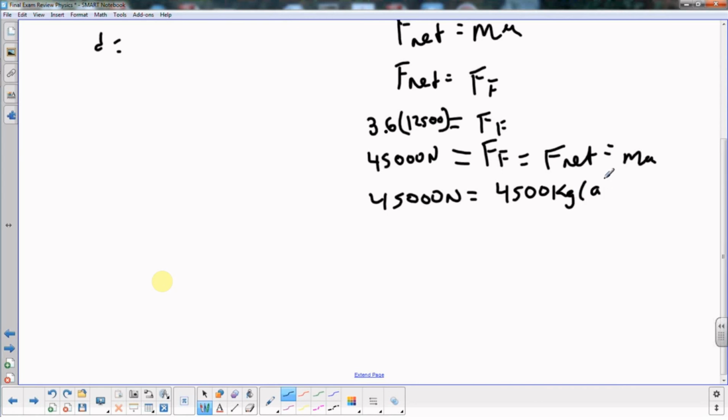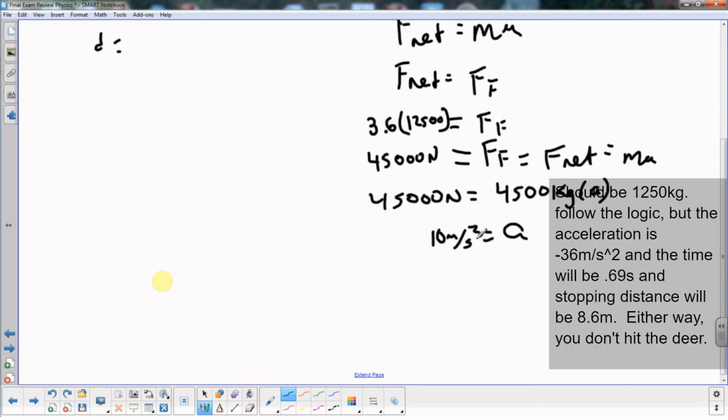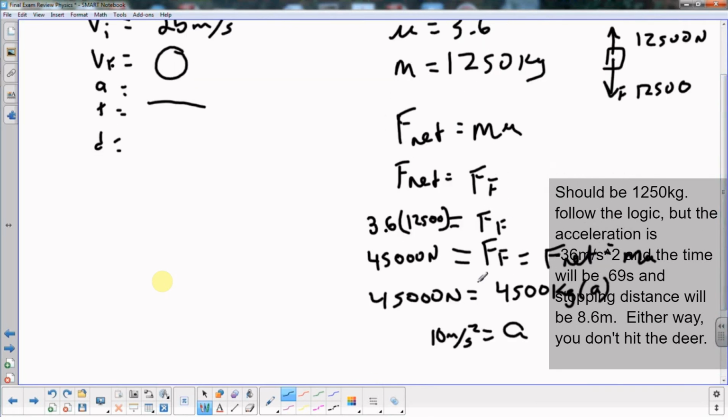So our acceleration is going to be 10 meters per second squared. Going through, 3.6 times 12, yeah, okay, 45,000 newtons. So that's a happy coincidence that you get 10. Also, it's friction, so we're dealing with a negative, which means that acceleration is a negative 10 meters per second squared.